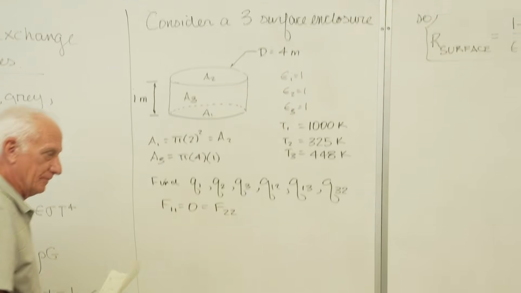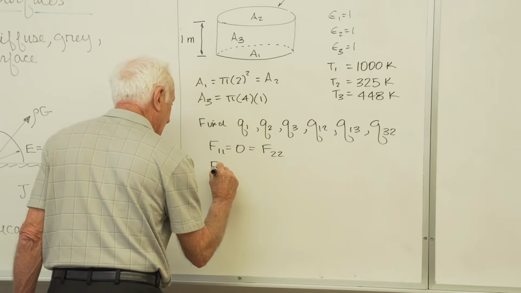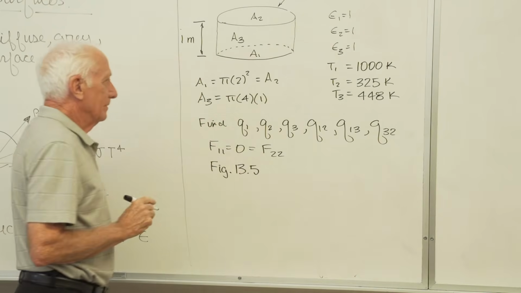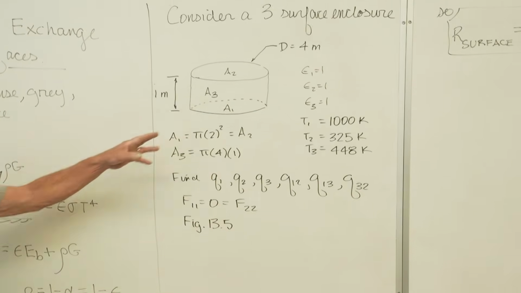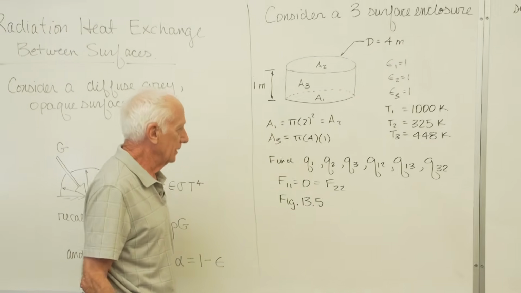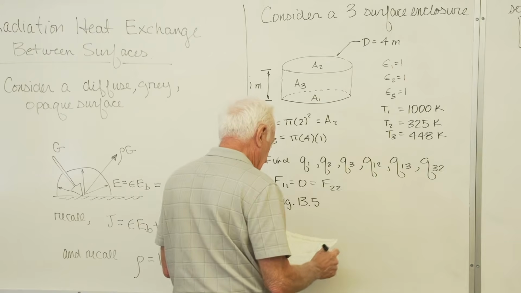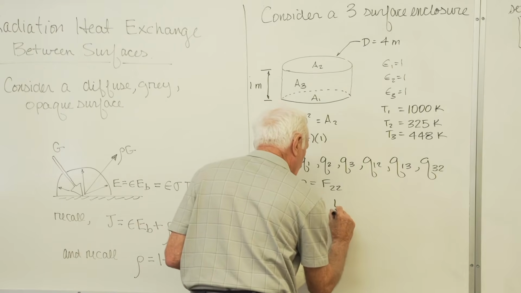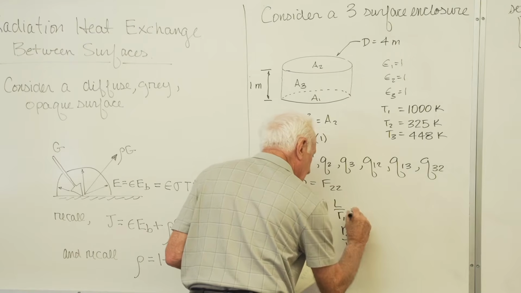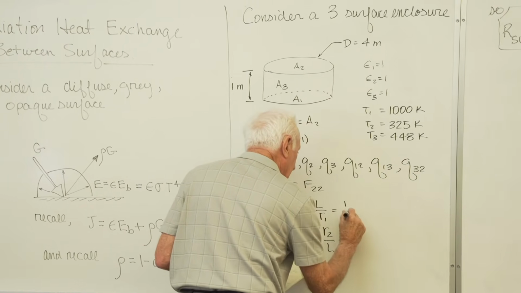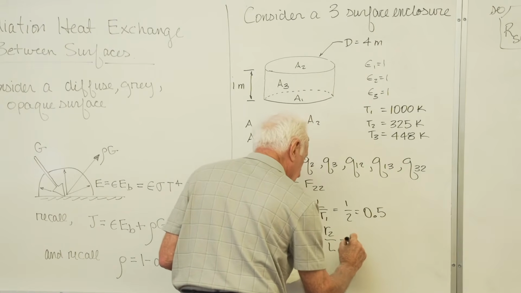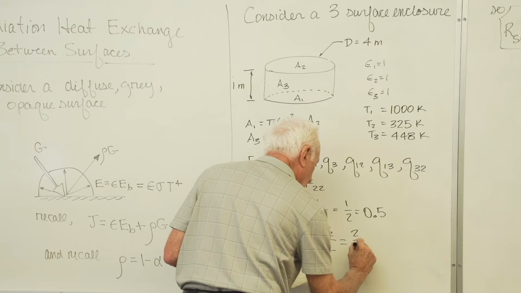So I'm going to go to figure 13.5. Two coaxial circular discs separated by a distance L, diameter D. So in there, I have L over R1, and I have R2 over L. That's what I need to go to the graph. 1 divided by 2, a half. 2 divided by 1, 2.